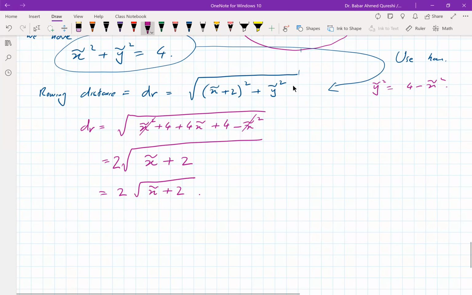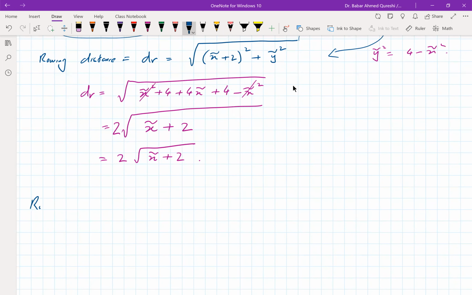What's the rowing time? So I have v is equal to d over t, so t is d over v. So you take this distance, let's give the time a name, tr. So it's this distance over the speed. Rowing speed is 2.